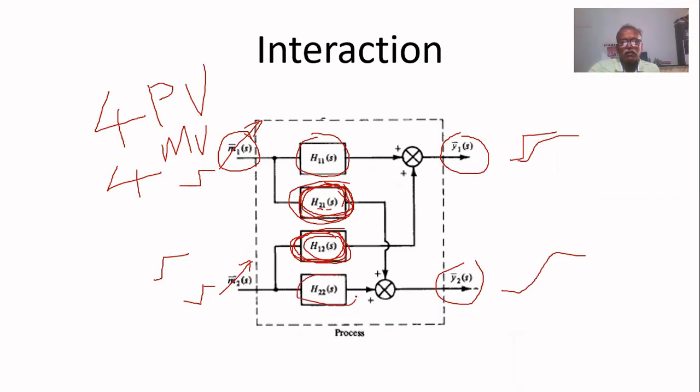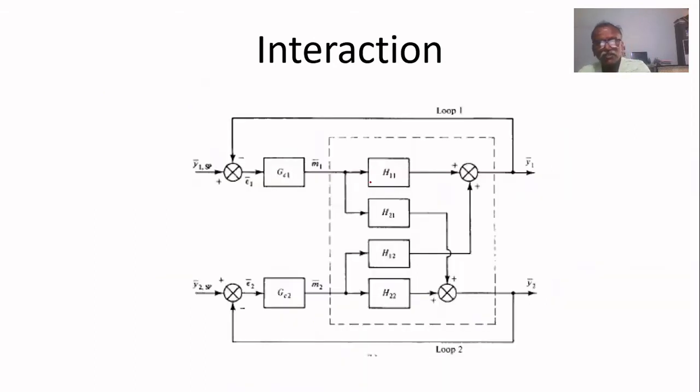This is the transfer function between M2 and Y2, keeping M1 constant. Now we have 4 mathematical models to represent interactions. We already know the change in Y1 for manipulation of M1.